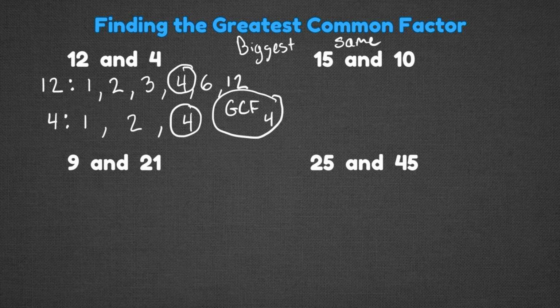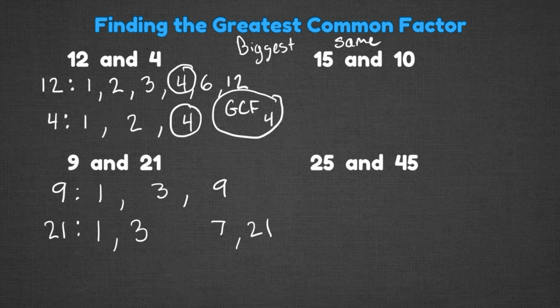Let's do the same process down below. 9 and 21. 9's factors are 1 and 9, and then a lonely 3 in the middle. 21 has a factor of 1 and 21. 2 is not a factor. 3 and 7. 4 is not a factor. 5 is not a factor. 6 is not a factor.